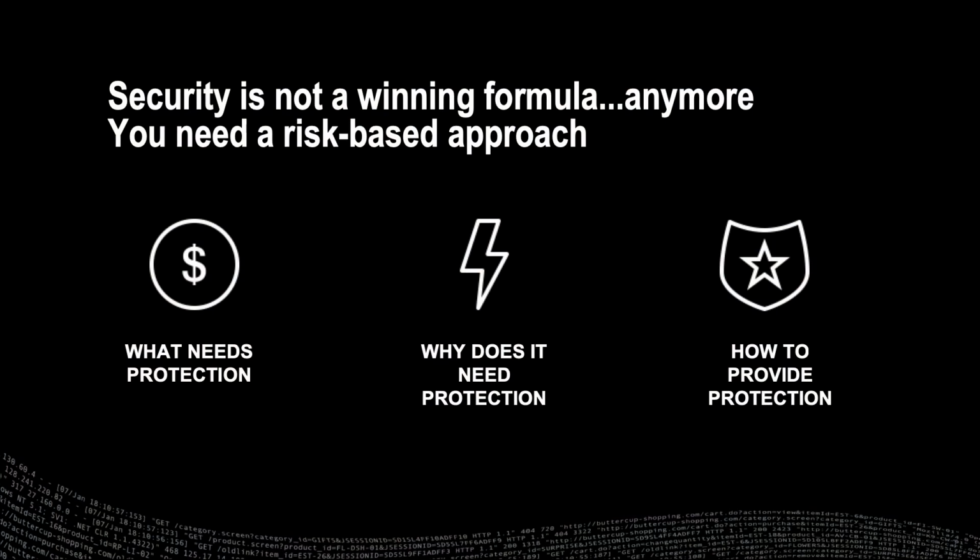How do those impact the security of my application when a customer interacts with it, or even our internal customers? So the ideal is, security is not a winning formula. Let's find out what needs to be protected, why it needs to be protected, and how to provide protection so that we don't have the security team hunting for things.